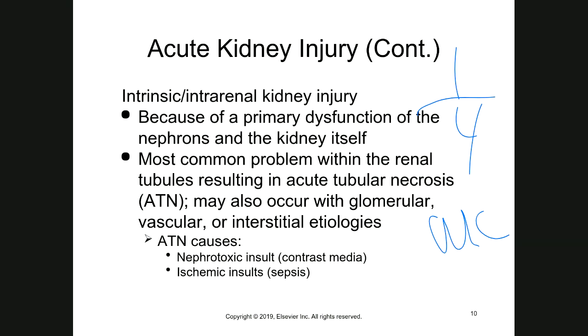Everything that happens inside of the kidney is intrinsic, intrarenal. Everything that happens from the ureter all the way to the bladder and beyond is post-renal. If you remember that, you cannot mistakenly make the wrong answer. But for some reason, they mess up and say that an obstruction in the bladder is pre-renal. How is that possible? I don't know. Meaning, make sense of the question first before you jump to answer. Again, 104.